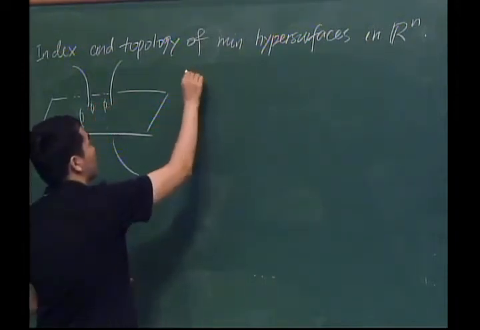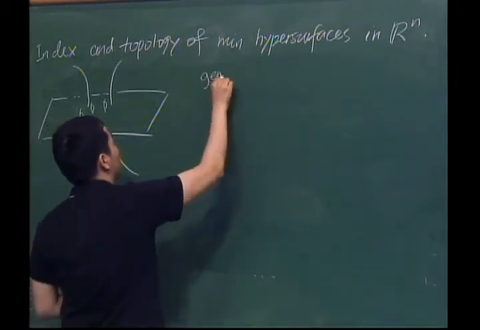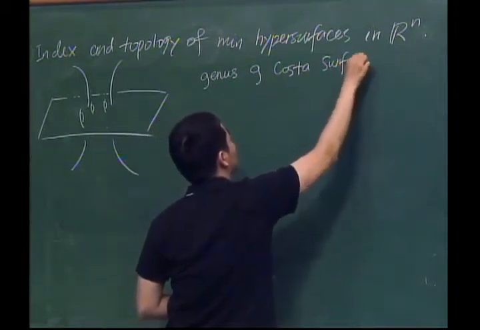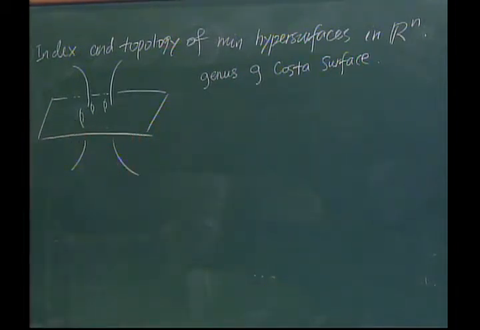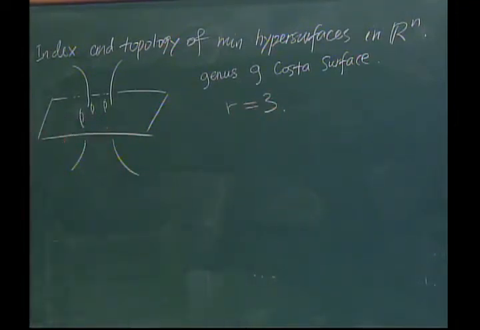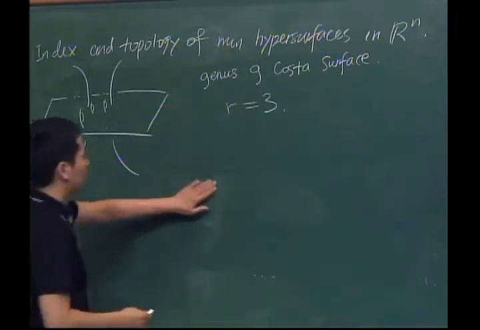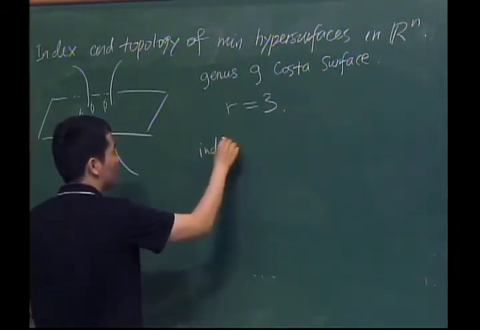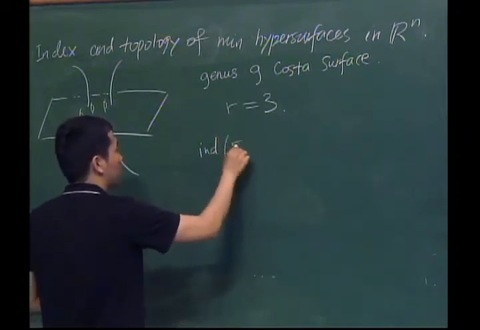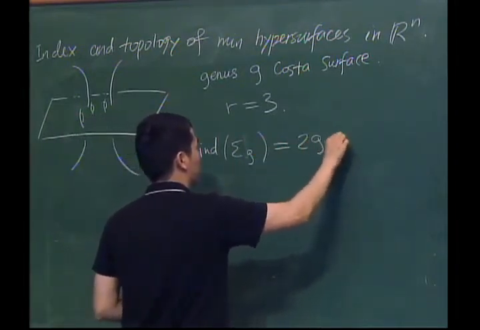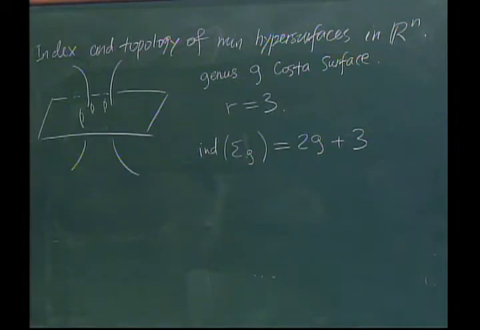For every integer g, you have a genus g Costa surface, and still it has 3 ends. The stability property of such a surface has also been studied by conformal methods, and it was proved by Nayatani and later by Morabito, two Japanese mathematicians, that such a genus g Costa surface has index 2g plus 3.